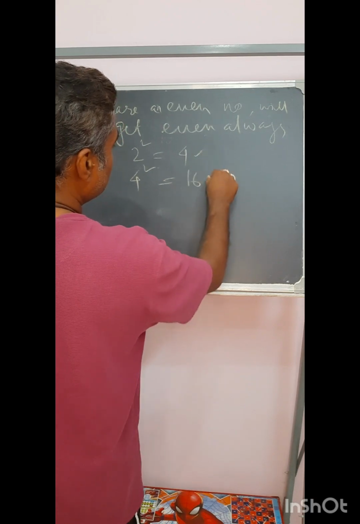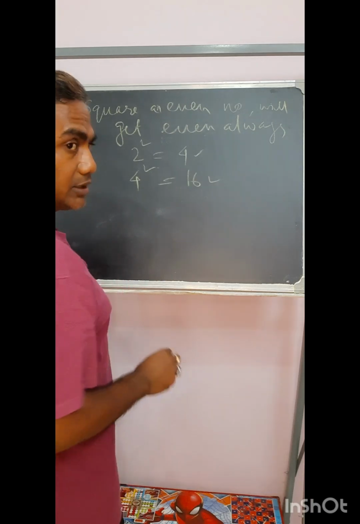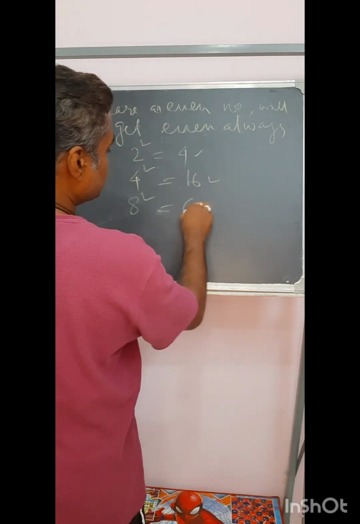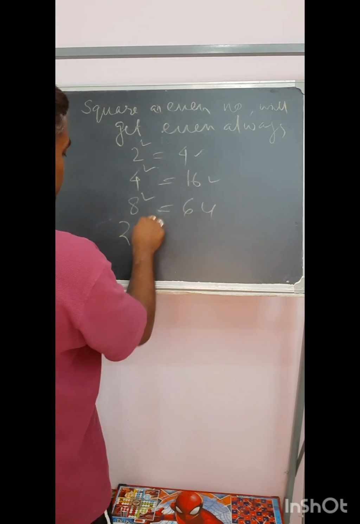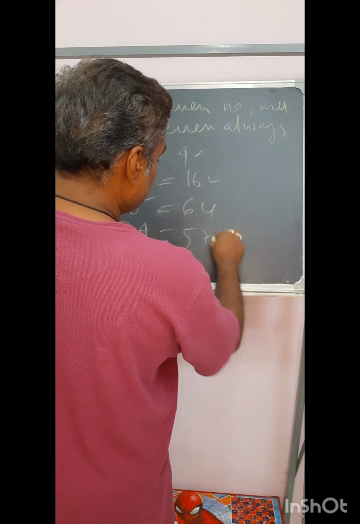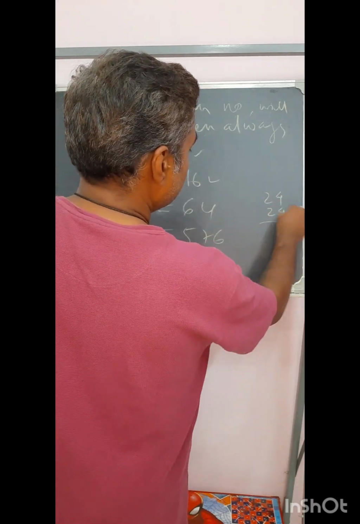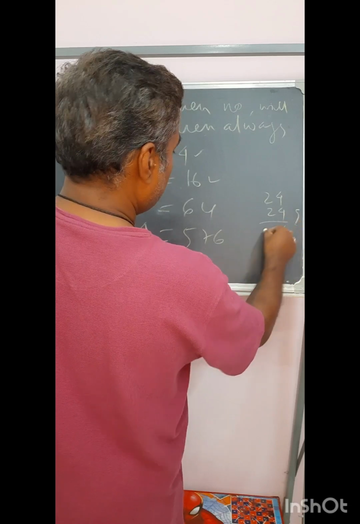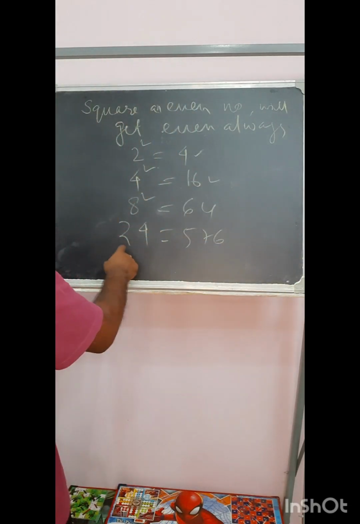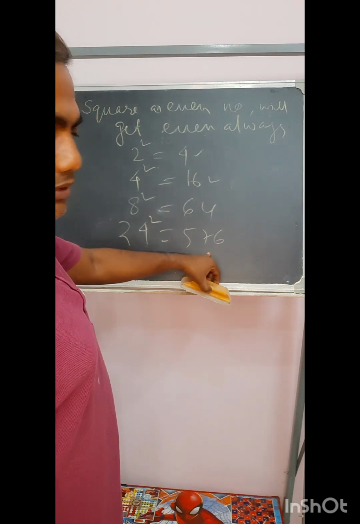So the result of squaring an even number is always even. Let's say 8 squared is 64. Let's say 24 squared, how much will it be? 576. Yes. So this way you can get it: the square of an even number is an even number.